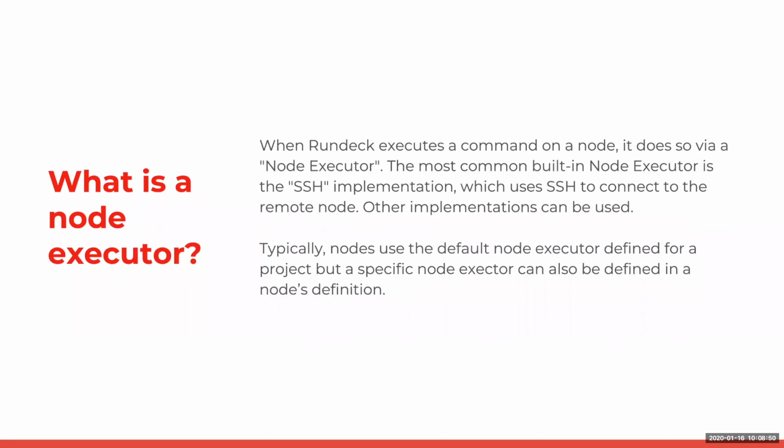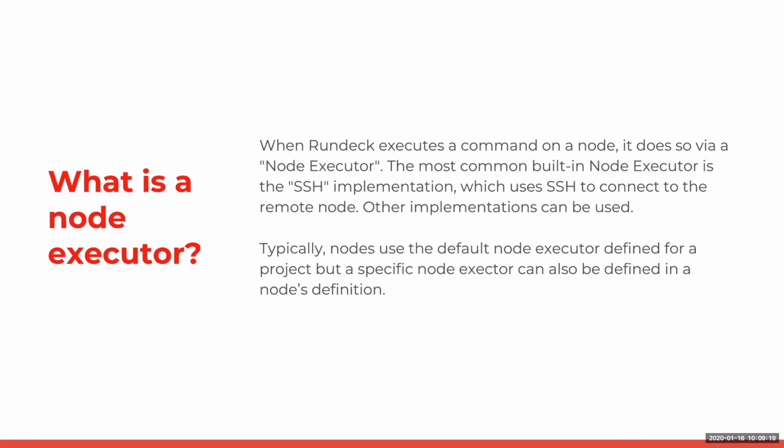So node executor is something that comes up. We don't usually talk about it a lot because it's something you usually set up when you first set up your project. And maybe you don't even have to think about it depending on what you're doing. But the node executor is what allows you to execute a command and or a job on a node. By default, the node executor that's there for a new project is the SSH node executor.